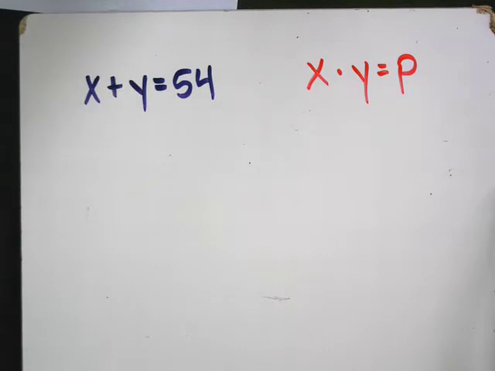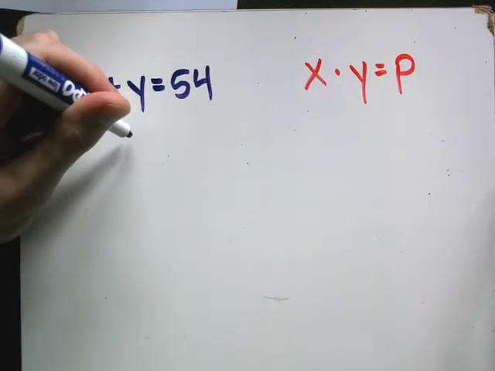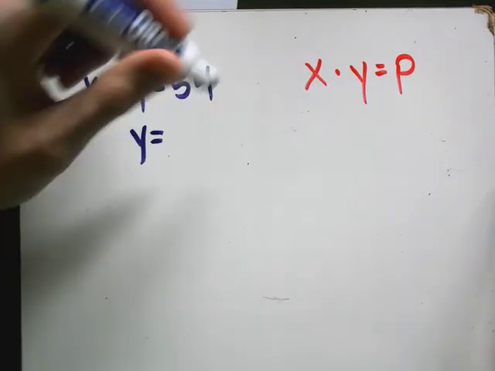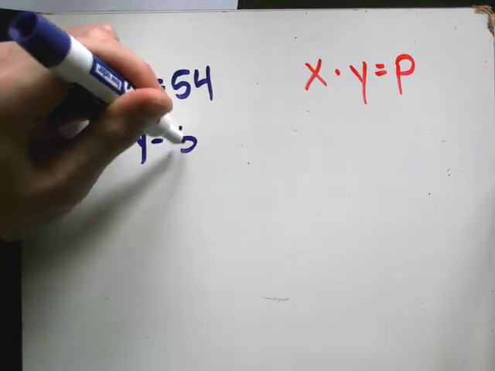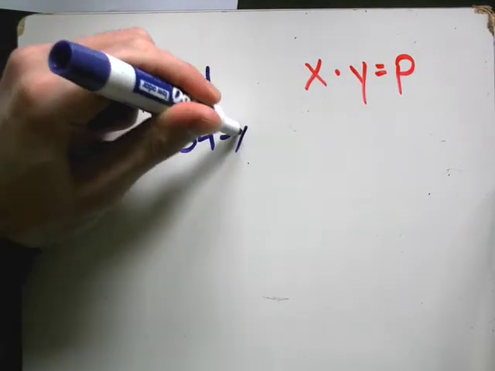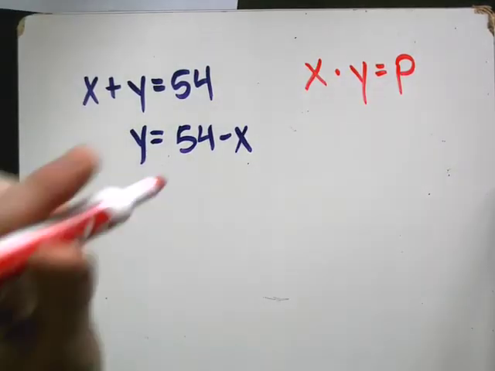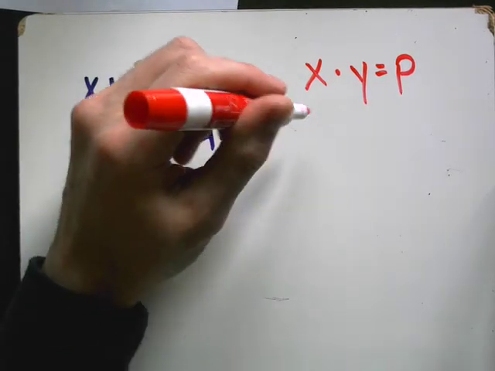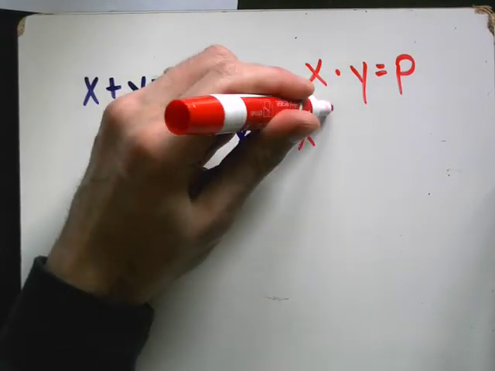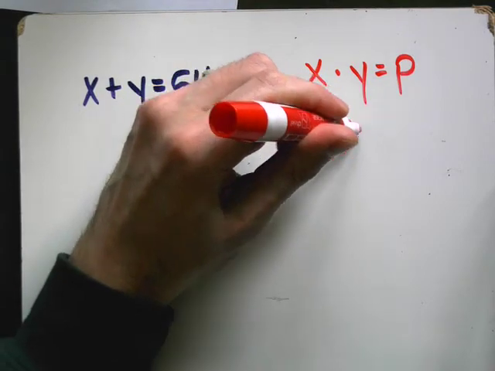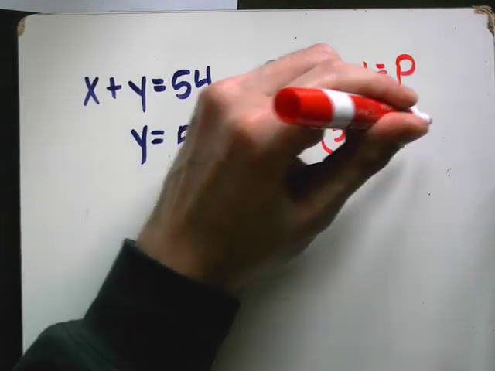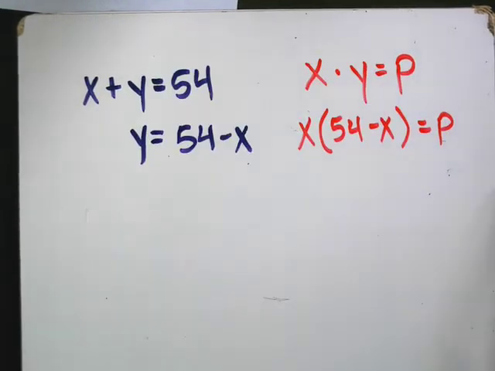So I'm going to take my y and set it equal to 54 minus x. Okay, so that way I can take this over to my optimization equation and say x times 54 minus x is equal to p.